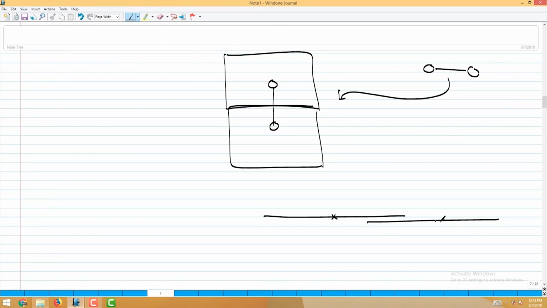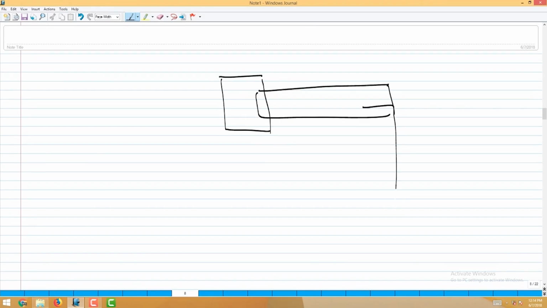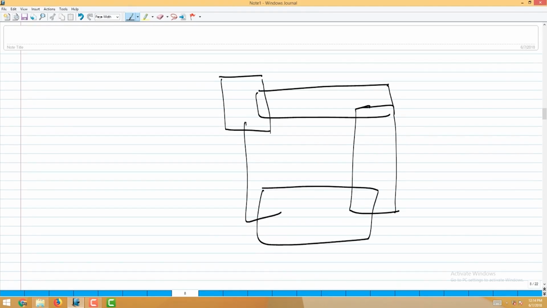But what you cannot get, for instance, if I draw something like this, what is the graph corresponding to this? It's a cycle.